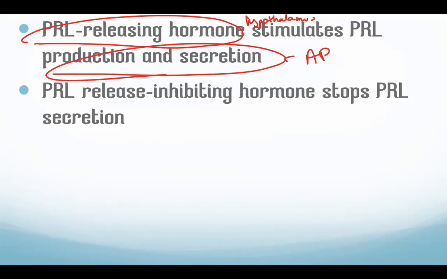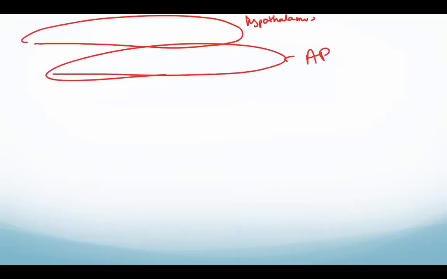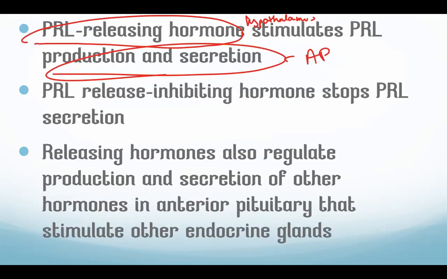Then you have prolactin release inhibiting hormone, which will stop prolactin secretion from the AP. The releasing hormones also regulate the production and secretion of other hormones in the anterior pituitary that stimulate other endocrine glands. Okay, and I'm not going to get into that yet because I think there's plenty to digest from today.